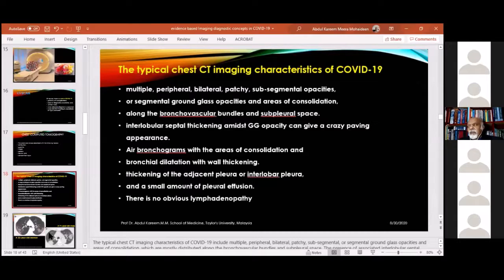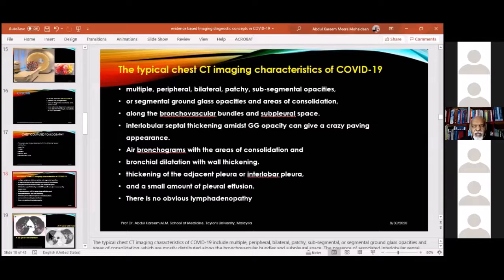So just now, our previous speakers were discussing the alveolar damage. So the alveoli will be completely filled with either cellular infiltrate or fluid or inflammatory cells. Sometimes, rarely, there will be hemorrhages. So all these things will make the ground glass appearance.